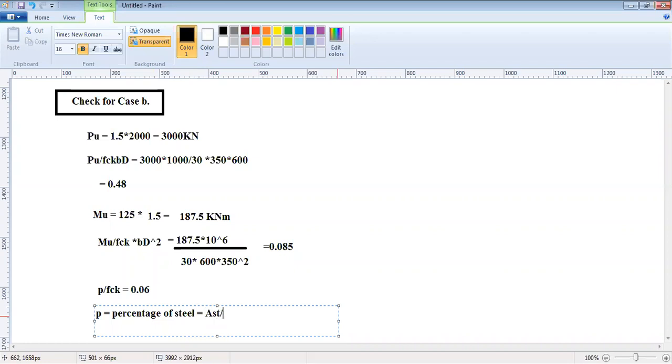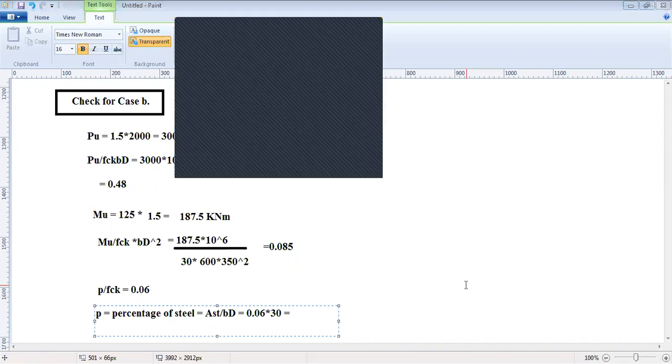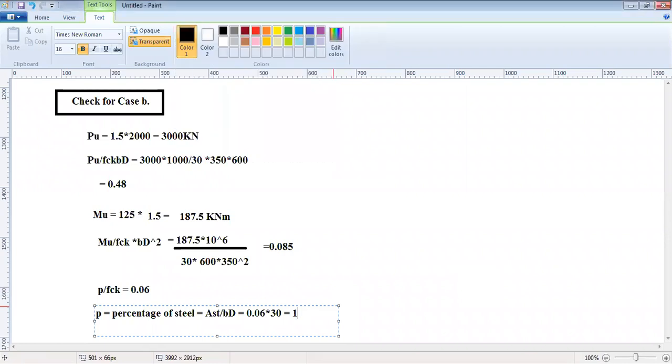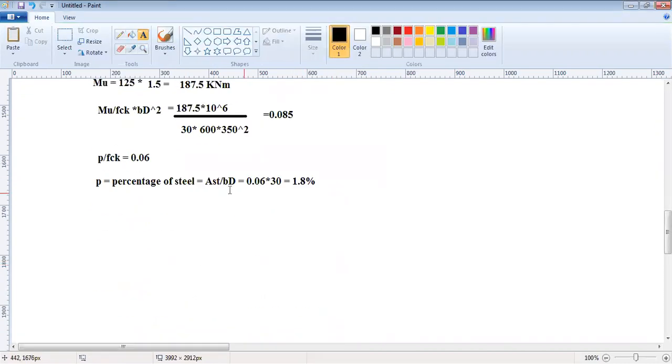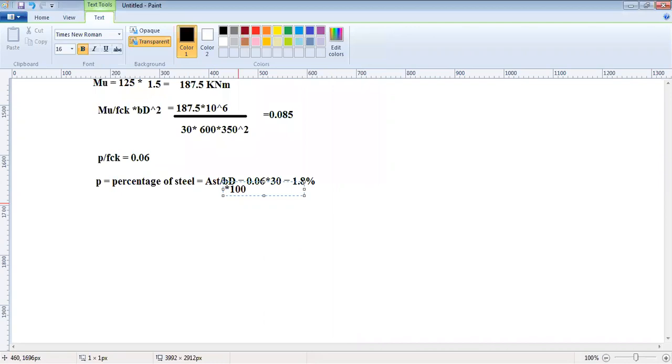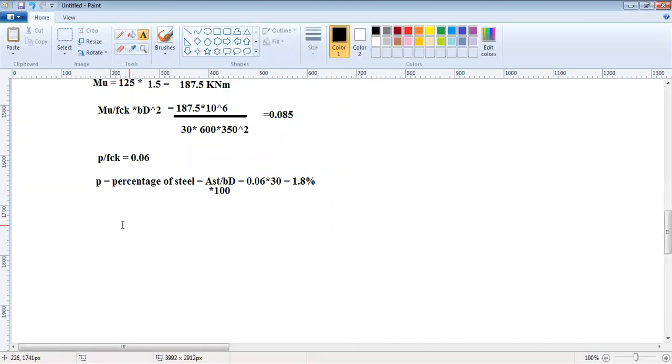It's Ast by bd. Now that's 0.06 into fck. fck is 30. So your p here is 0.06 into 30. That's 1.8 percent. So this will be multiplied by 100 here: Ast by bd into 100, because this is in percent.